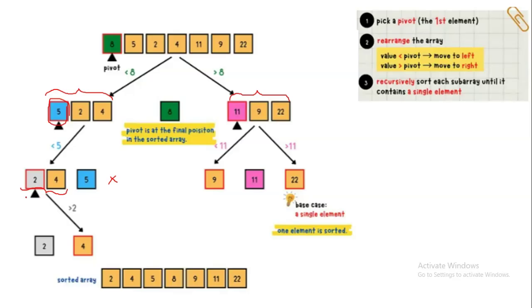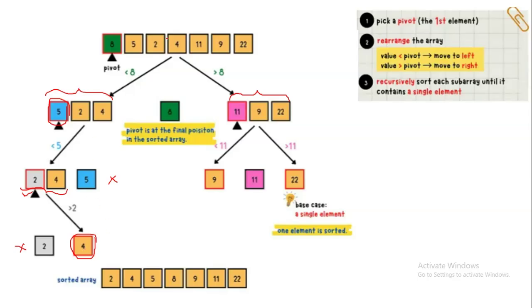Now the first element acts as the pivot element, so it is placed at its proper place, and there is nothing in the left side subarray, and the right side subarray contains a single element. As it contains a single element, the recursion stops here, and we get the sorted output for the left side subarray, that is 2, 4, and 5.